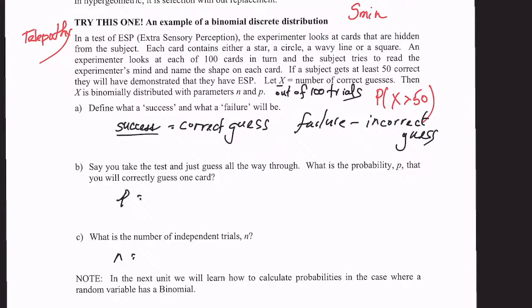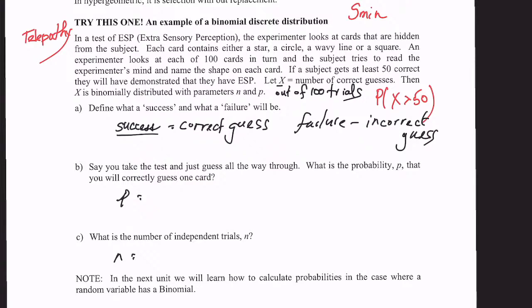P is the chance that a person will correctly guess one card. So we can just say an average person who doesn't really have special powers. What's the chance that they would guess correctly?